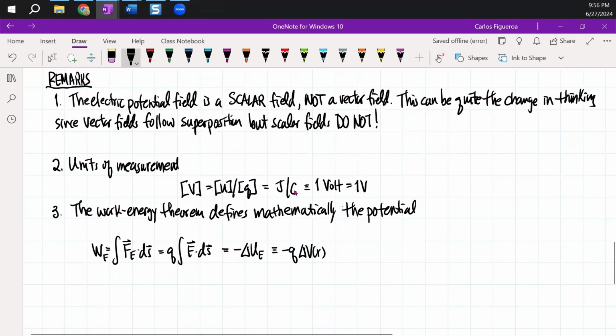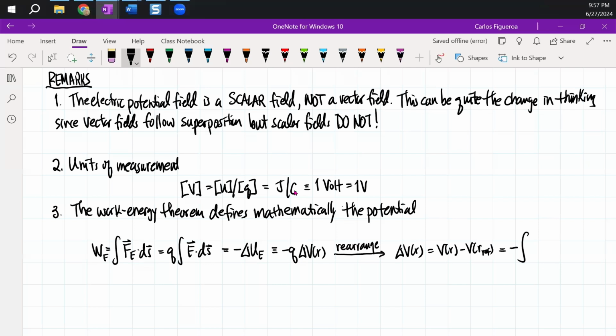So now if I rearrange terms here, you're going to see that delta V of R is V of R minus V of R reference, which is then the negative integral of the electric field dotted with the displacement vector. This is our definition of the potential function mathematically.